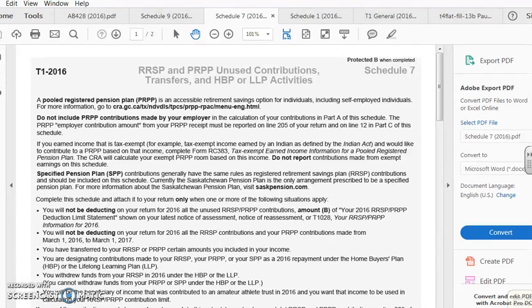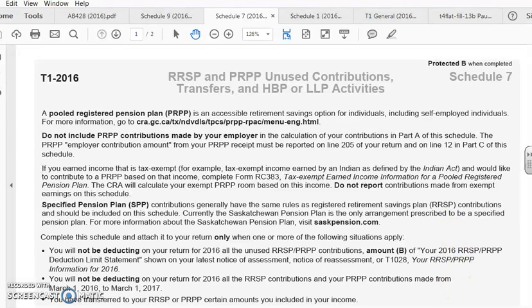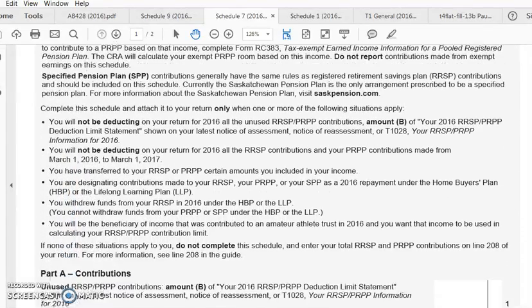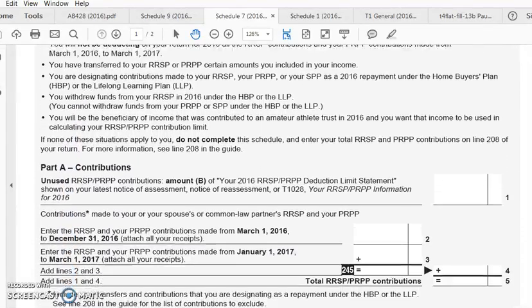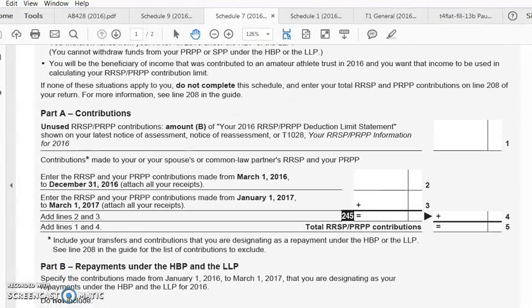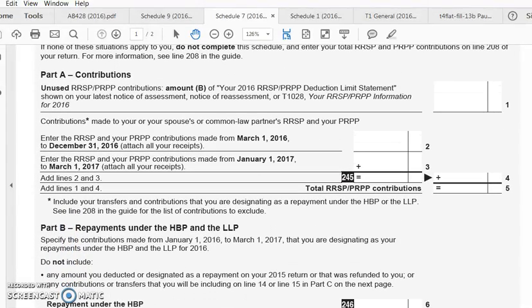Okay, taking that off and moving to Schedule number 7. Schedule number 7 looks like this. As we take a look, the first part here is contributions, as this is in fact Paul Brown's first time completing a tax form and first time that he has put money into an RSP.